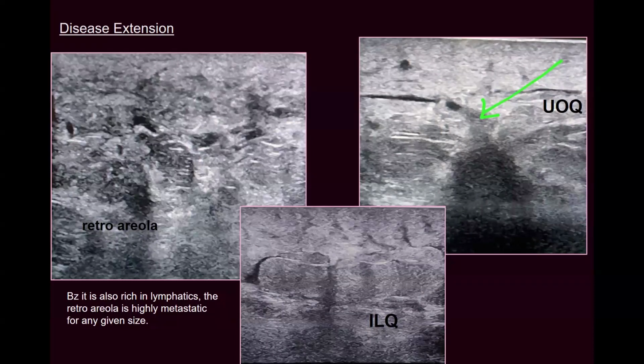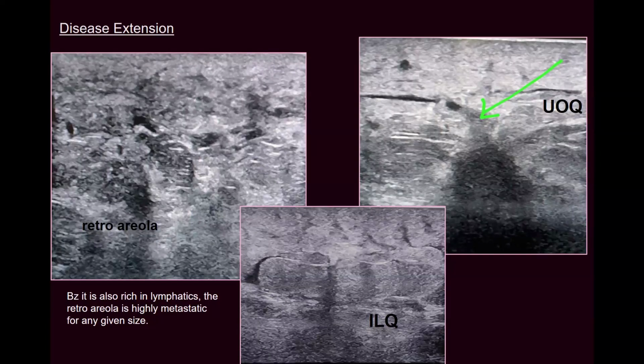This is my patient also, and this is in the upper outer quadrant. We could appreciate here the invasion of the subcutaneous lymphatic vessels by the tumor, okay? And look here, the skin edema and the perilesional edema. And in the same breast, look at the subareolar region, how it is infiltrated and edematous.